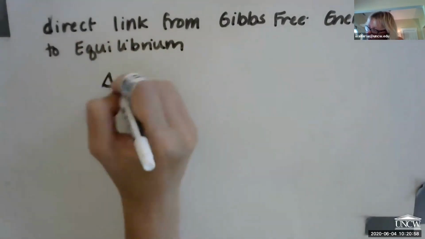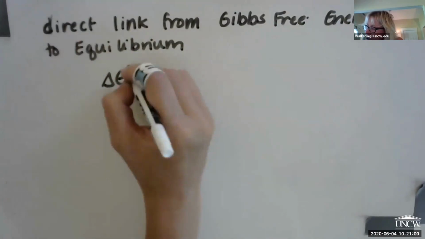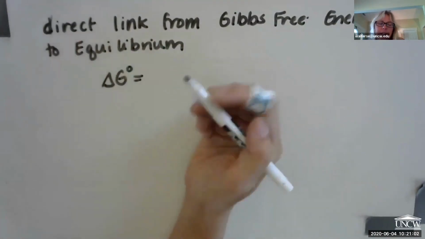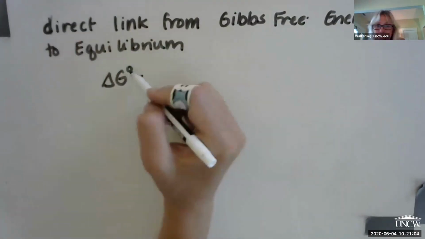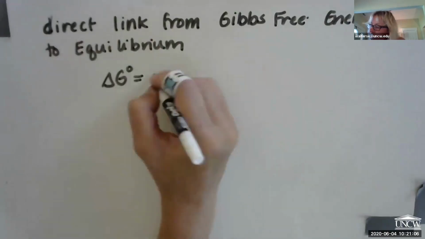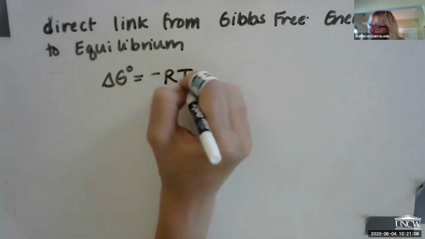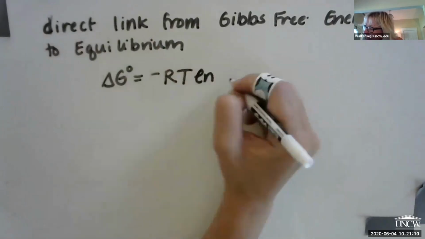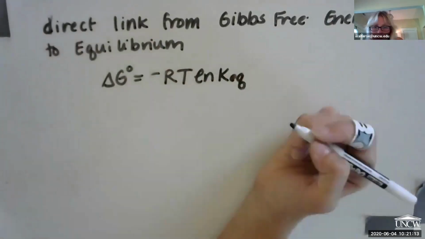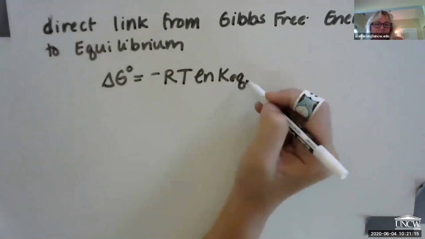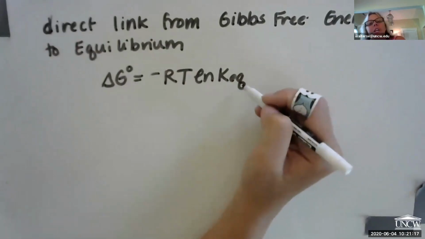Delta G naught, that means the Gibbs free energy measured under standard conditions, is equal to minus R times T times the natural log of the equilibrium constant. Now K eq is an equilibrium constant.